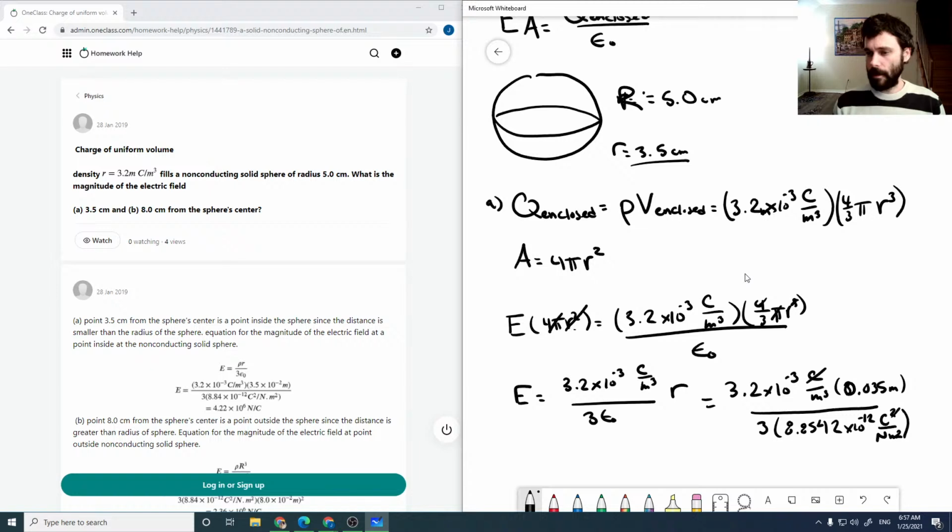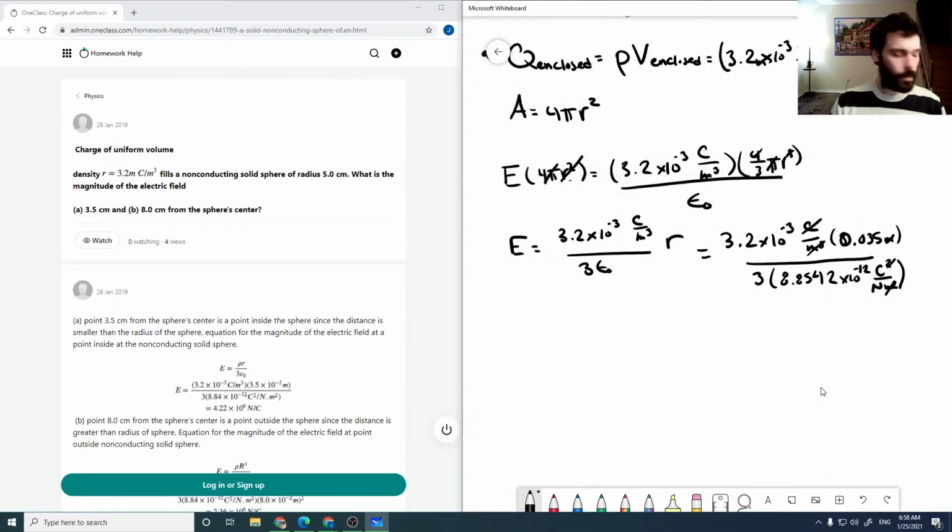One of the coulombs will cancel, and our meters squared will cancel completely, and we'll end up with newtons per coulomb, which is our E field unit. And so this comes out to be 4.22 times 10 to the 6 newtons per coulomb.